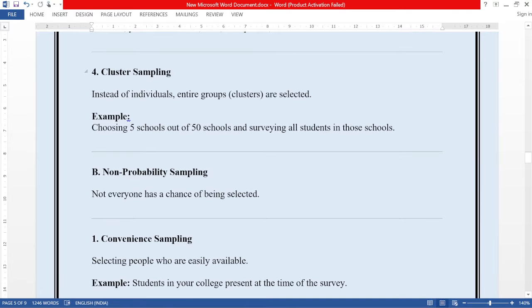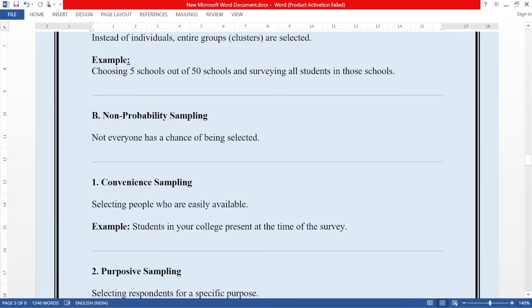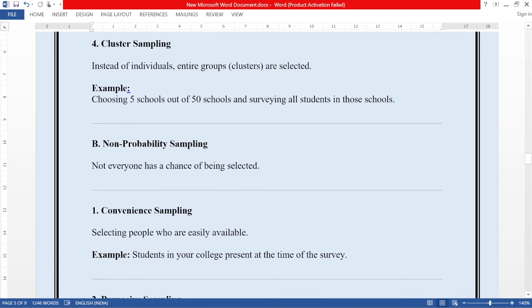Now cluster sampling. Instead of individuals, entire groups or clusters are selected, like choosing 5 schools out of 50 schools and surveying all students in those schools. Okay, so here individual samples wouldn't be collected. The schools are chosen, and the students of those schools would be the sample for the study.